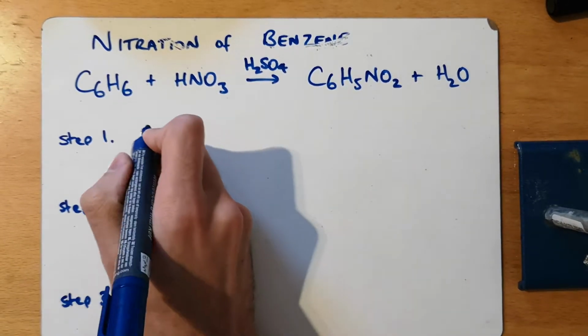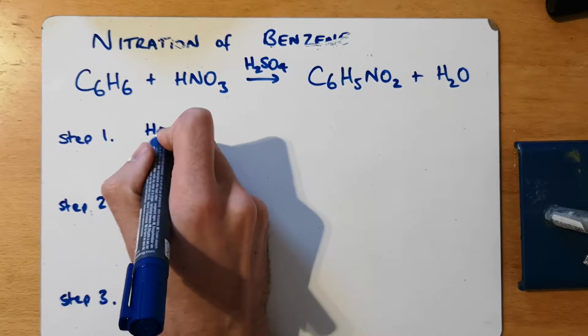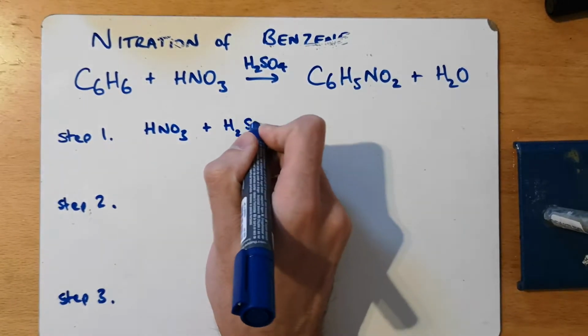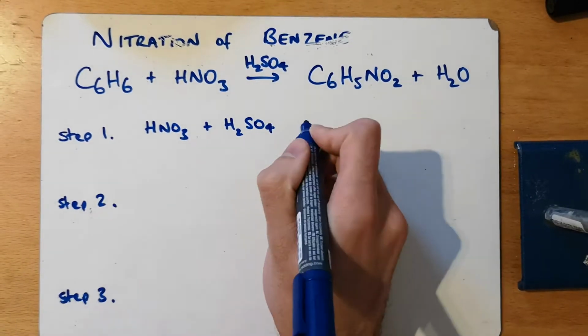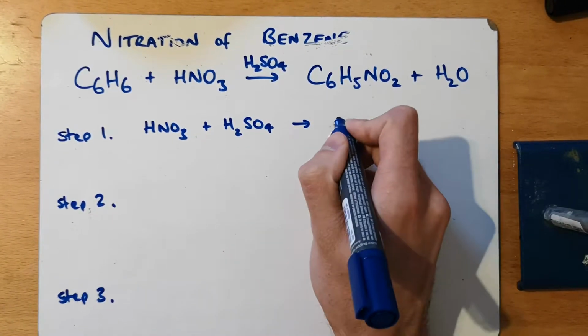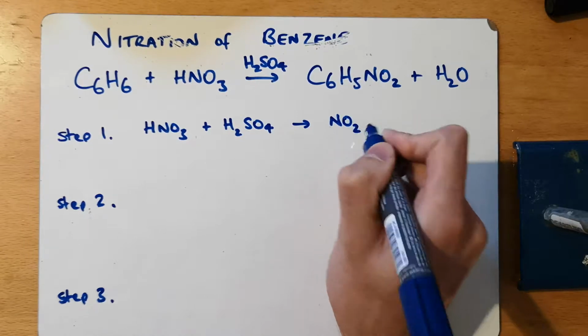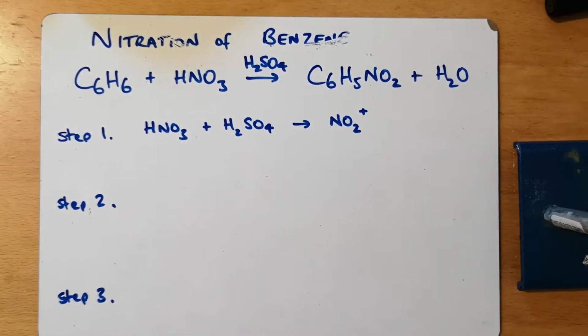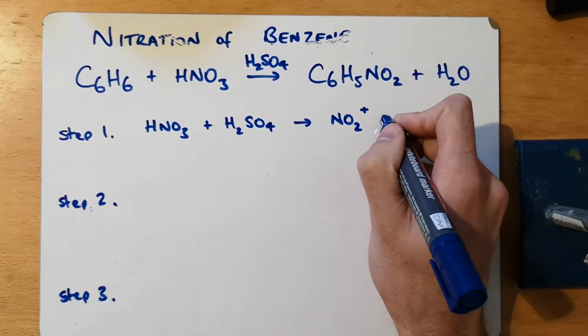So we have to create our electrophile. To do that, we take our nitric acid and we react it with sulfuric acid. And that forms our nitro group, which is now positive, and that's our electrophile that can accept a pair of electrons.